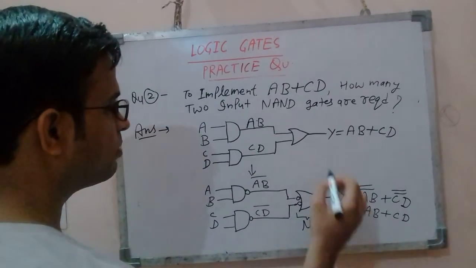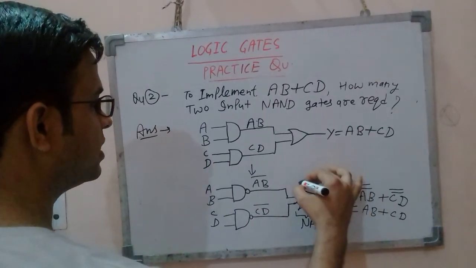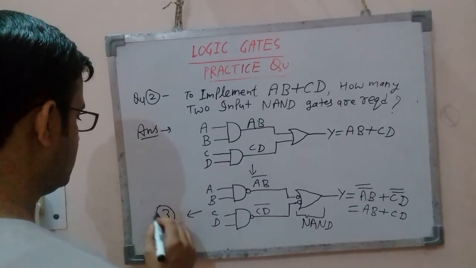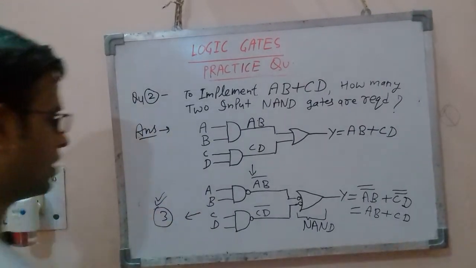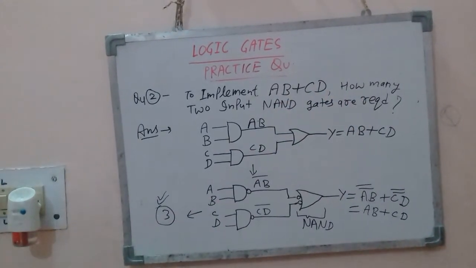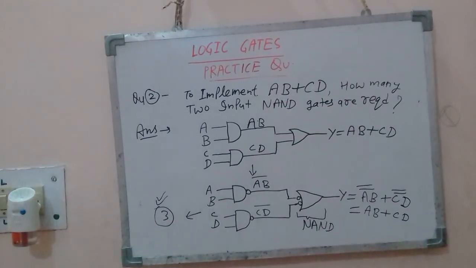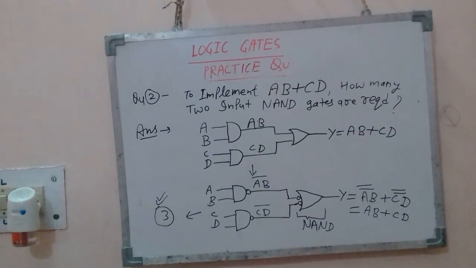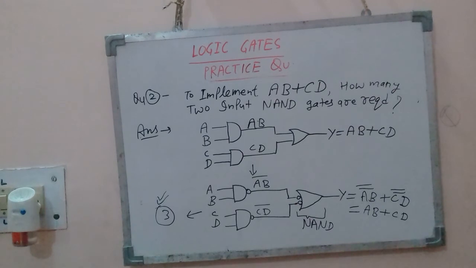So the total number of NAND gates required here is 3. The answer is 3. 3 NAND gates you require to implement this function AB plus CD. Okay.